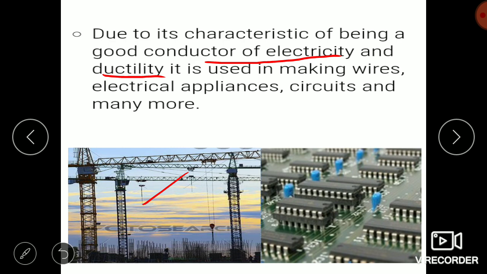In the battery also you'll find the same thing. In the heater coil also you'll find the same thing. Due to this ductility and good conductivity of electricity, metals are used in electrical transmission in various gadgets to our home, from the electrical station, etc.